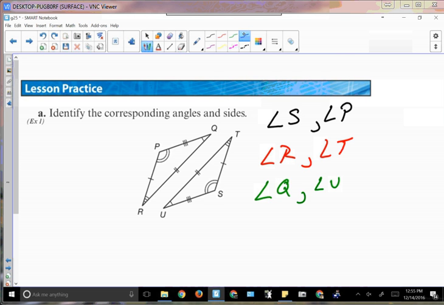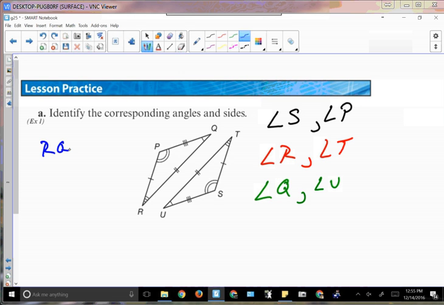Mr. Rabikowski, what's something else? We took care of the angles, now we got sides left, so which side is which? Okay, so we got RQ, but how do I go and identify that?